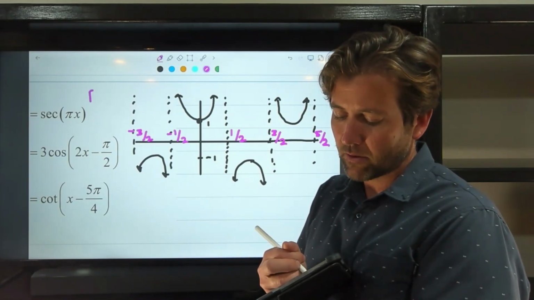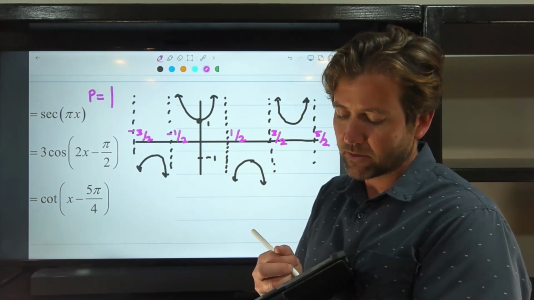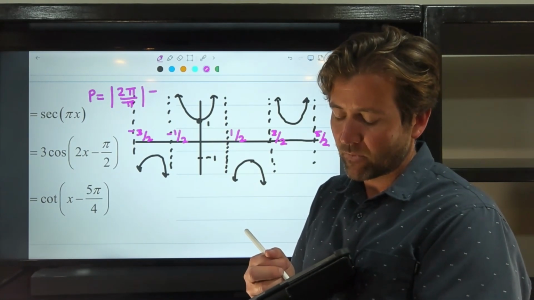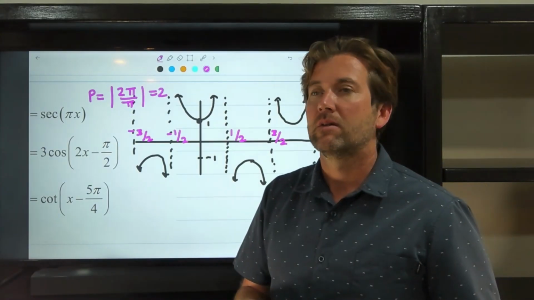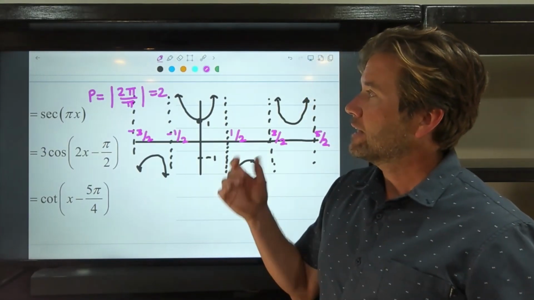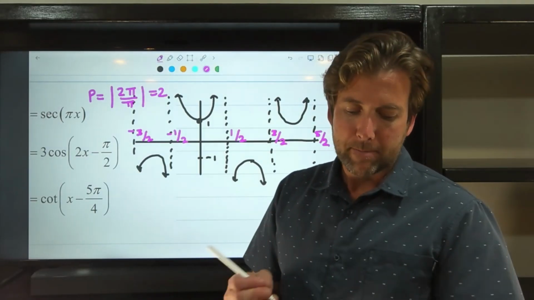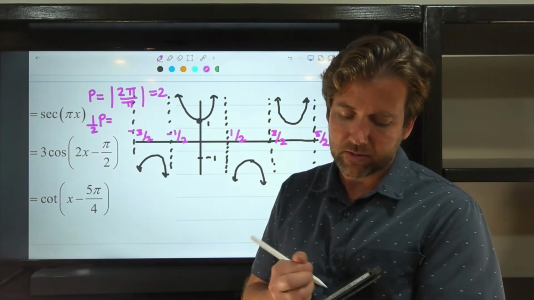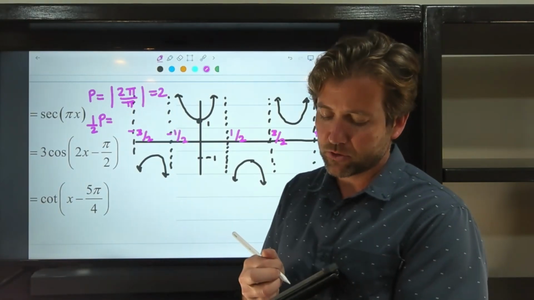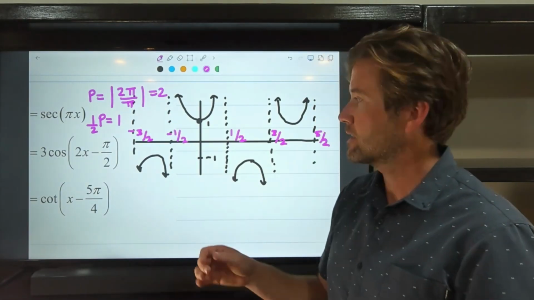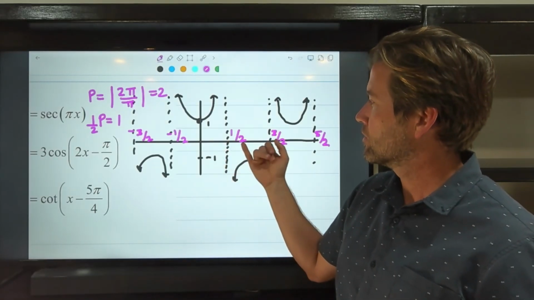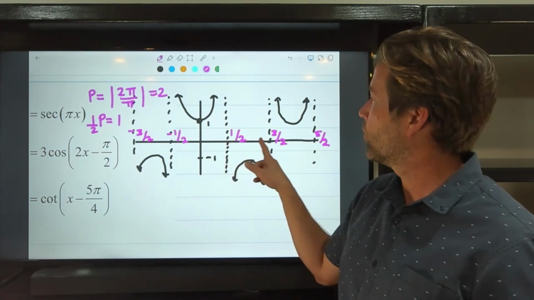Little review, the period of secant is the absolute value of 2 pi divided by pi, which would be 2. The asymptotes are half a period apart. So 1/2 of the period is equal to 1/2 of 2, which is 1. So let's check this out. See how this is 1/2, and that's 3/2? Or let me say it this way, 0.5 and 1.5.